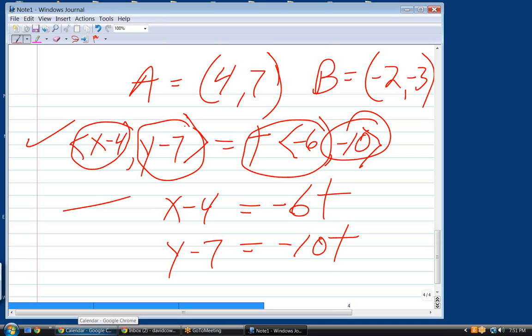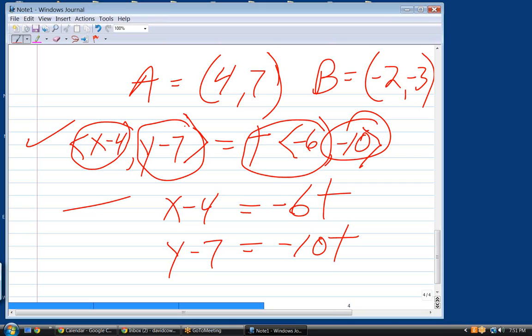So it's really a rather simple process. It's always x minus the x coordinate of A, y minus the y coordinate of A, equals t times B minus A. If you remember just that methodology, then these are easy, even if you don't understand the concept behind it.